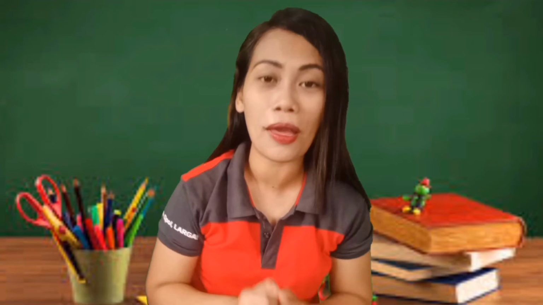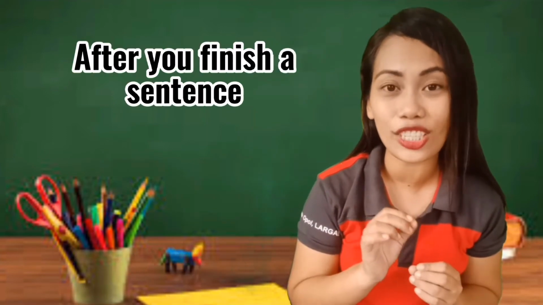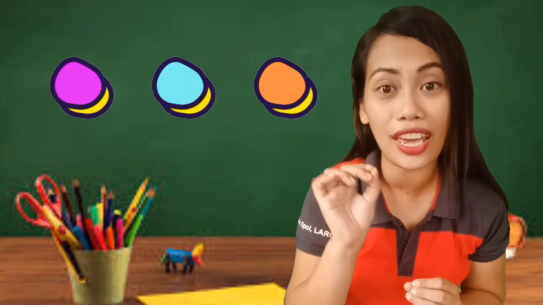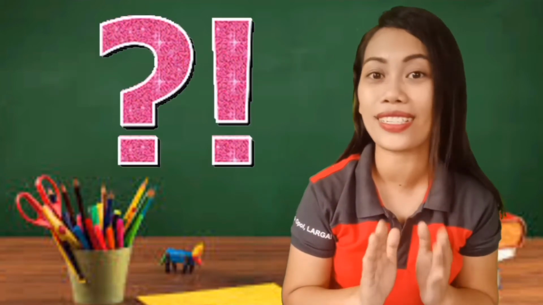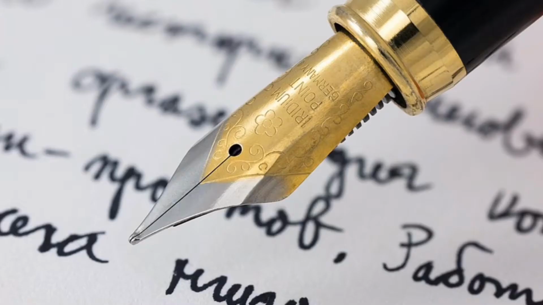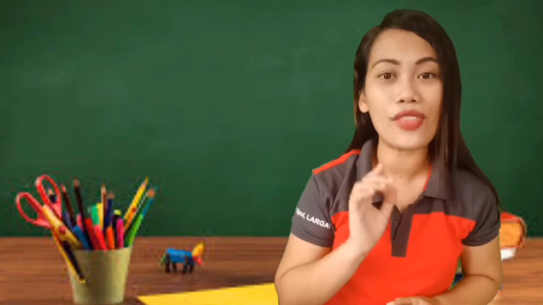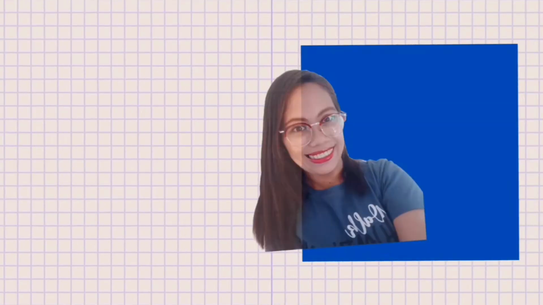And another thing is, after you finish a sentence, you are going to have a dot, right? Period. O kaya question mark. Depende sa sentence na ginawa mo. After the punctuation mark, you should have a space bago ka magsimula sa next word. That is for indentation and spacing.